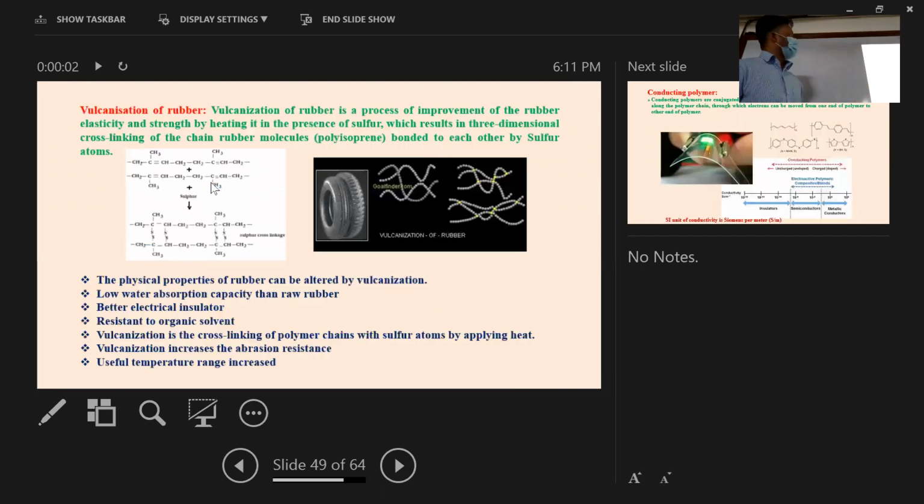So forget about this. Vulcanization of rubber. That means what types of characteristics you want from the rubber. Vulcanization of rubber is a process of improvement of the rubber elasticity and strength by heating it in the presence of sulfur.